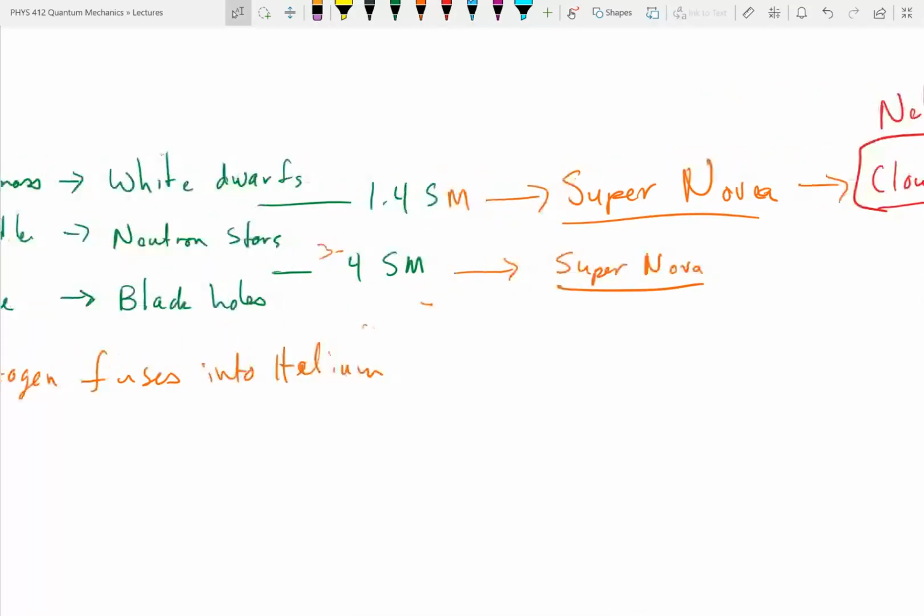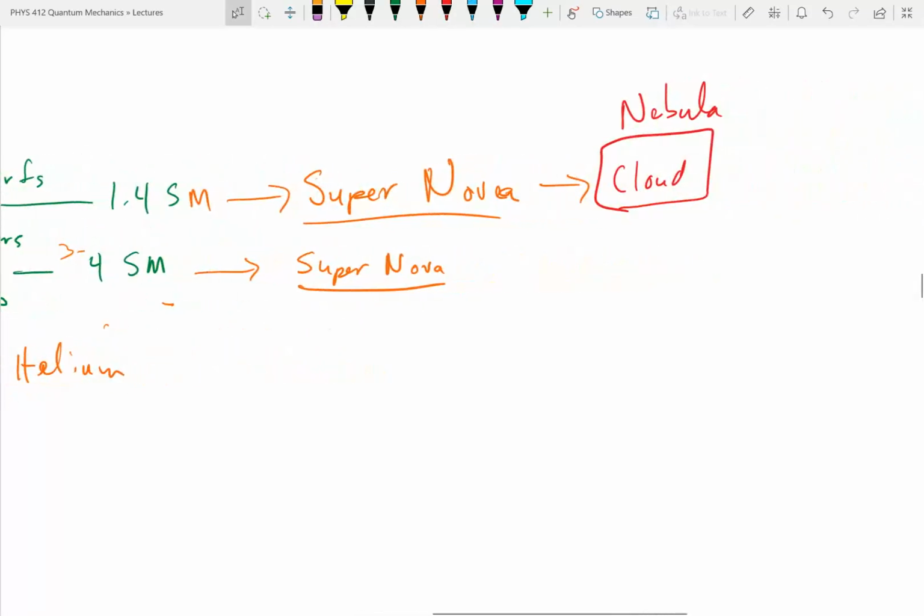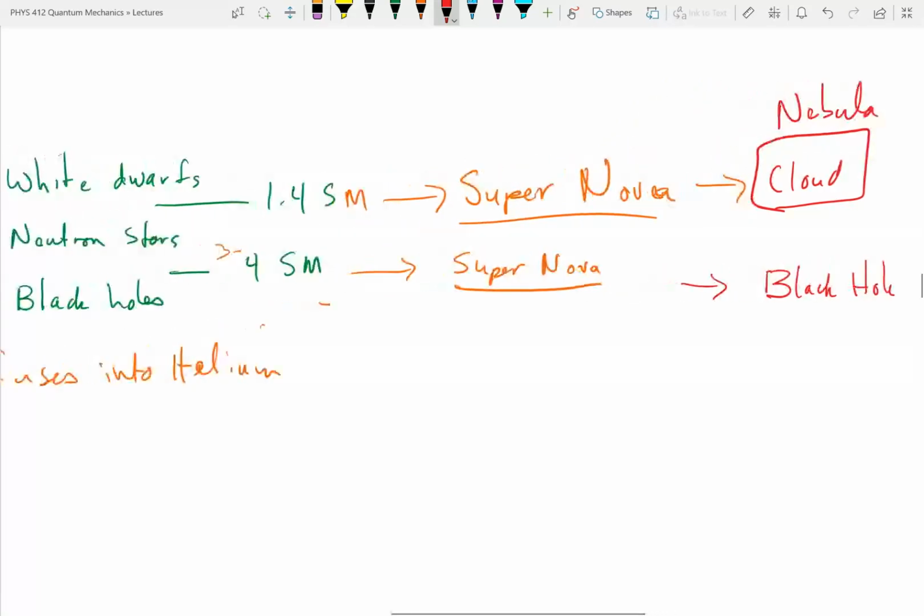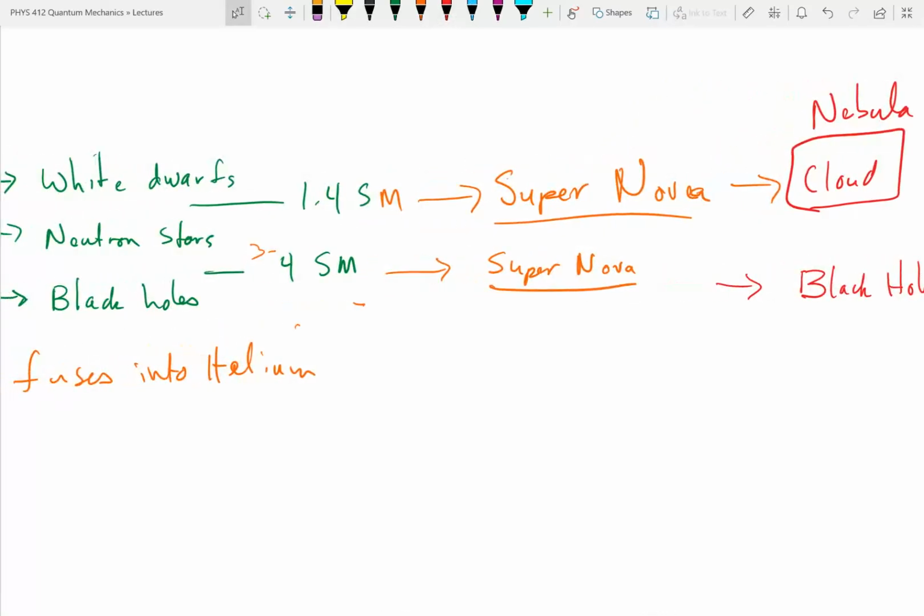The neutron star, when it undergoes a supernova, it's going to create... trying to think about this. A black hole. Because you have so much mass that it now is just collapsed in on itself.